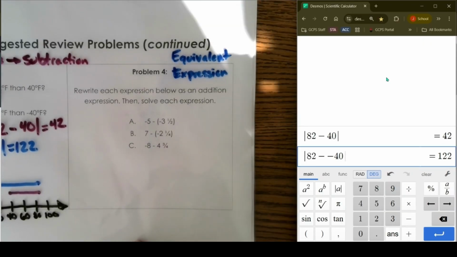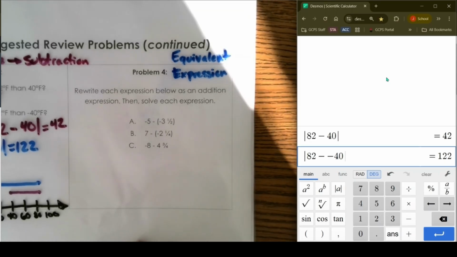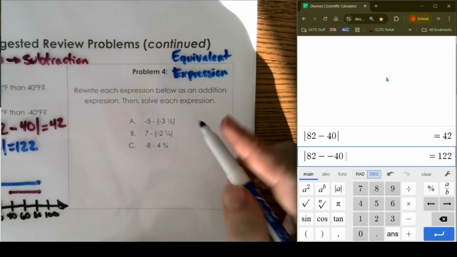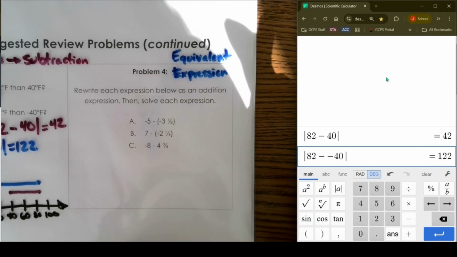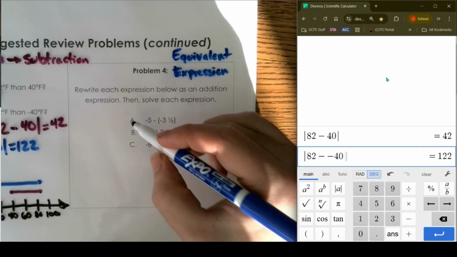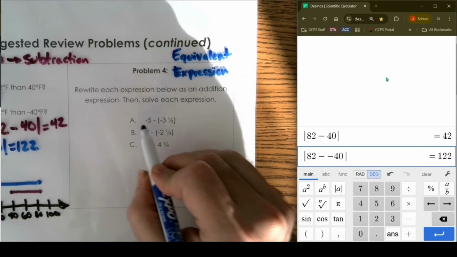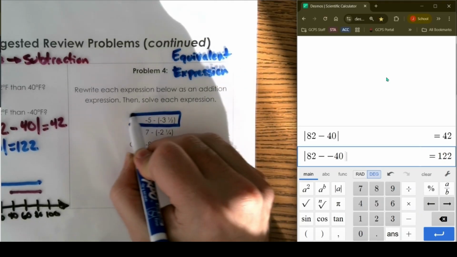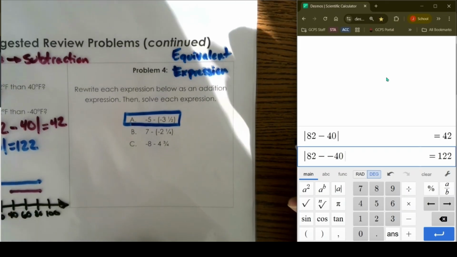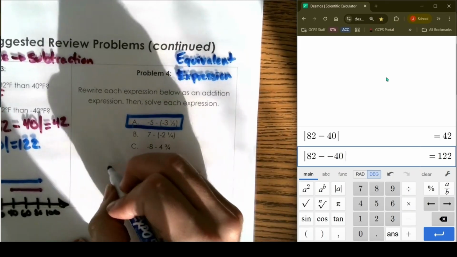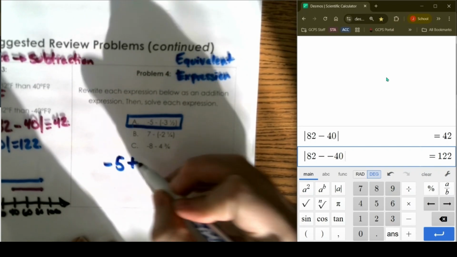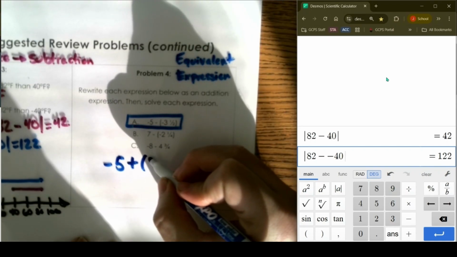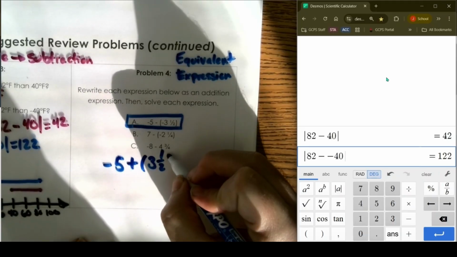And these subtraction statements can be rewritten as addition statements by simply writing it as their equivalent expression. So first we have A. I'll do A in this blue color here. So A can be rewritten as -5 plus parentheses 3 1/2.